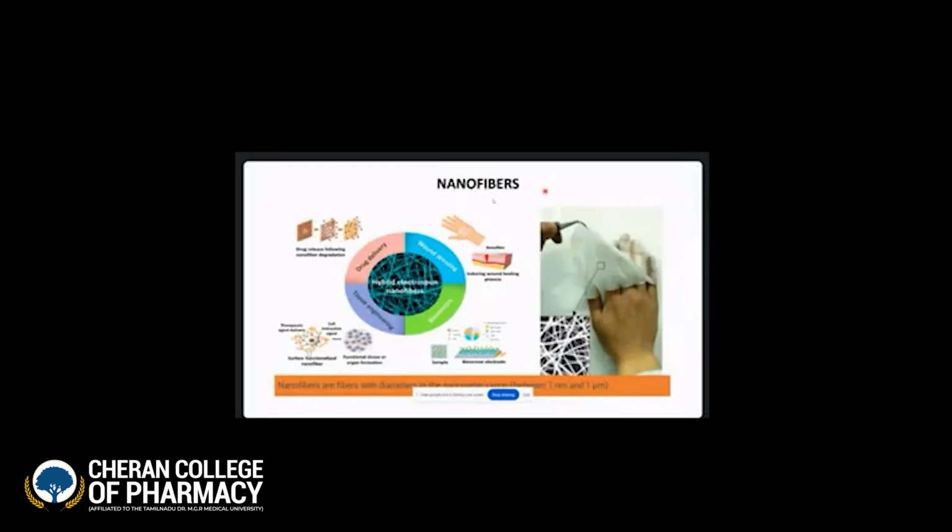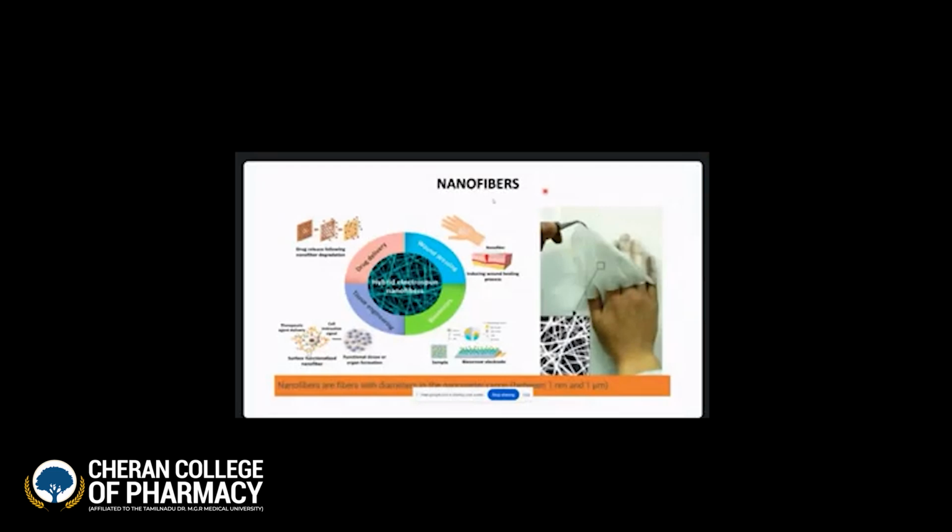Also, it looks like a protective layer, so if any infection happens, it will stop the entry of bacteria into the tissues. So you can observe protection from bacterial infections with the nanofiber.